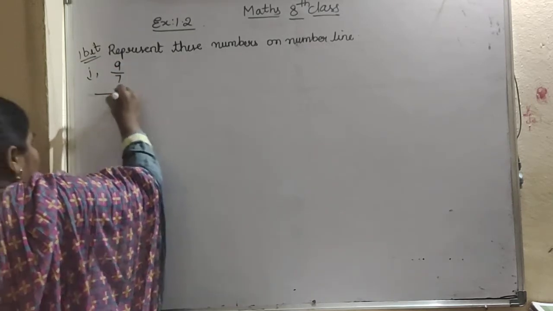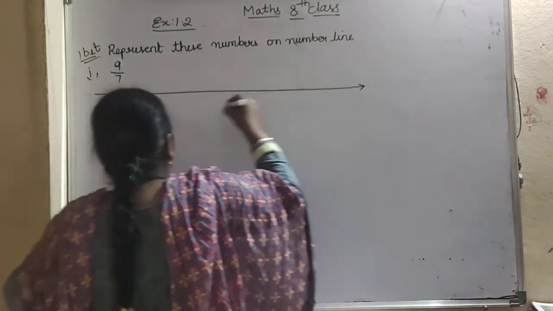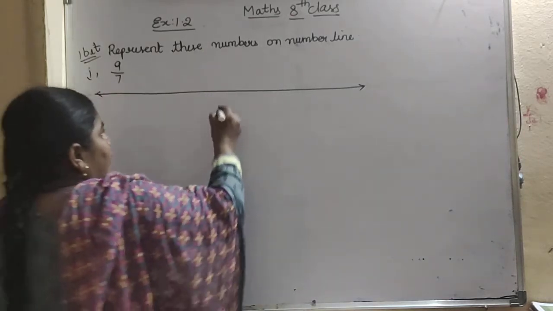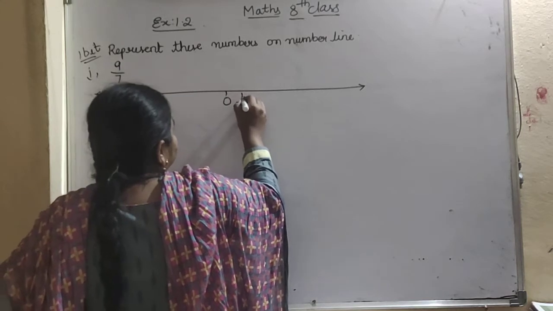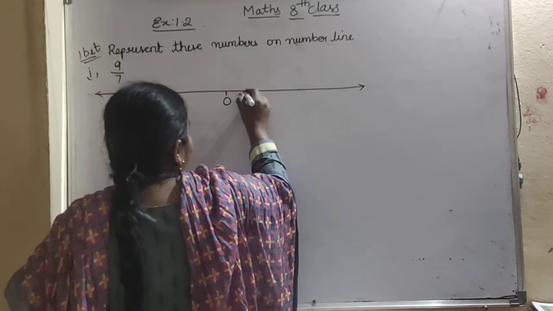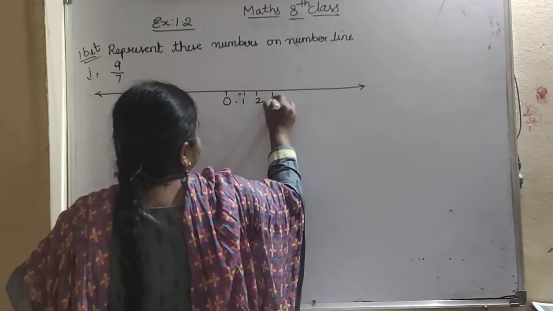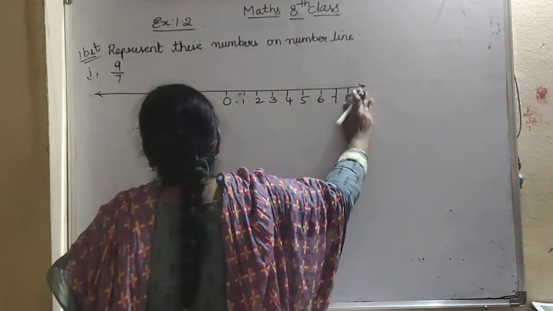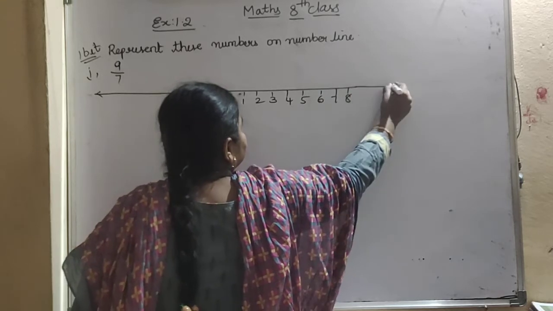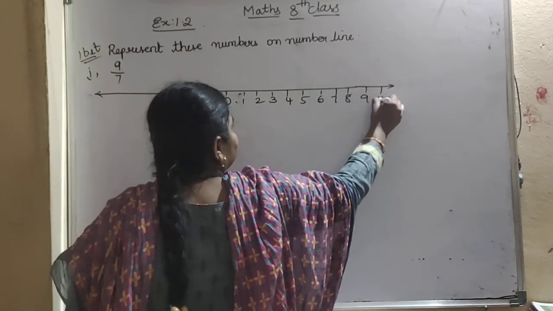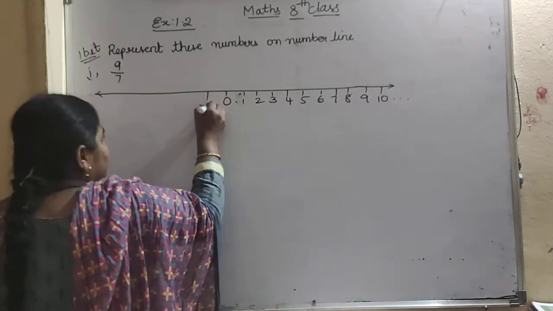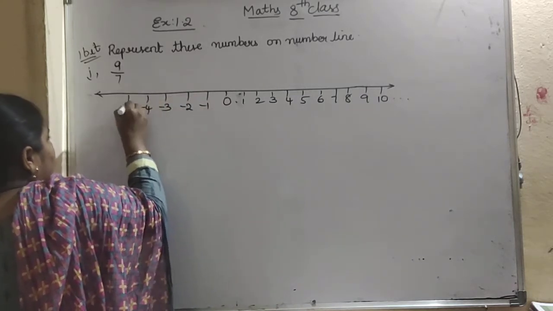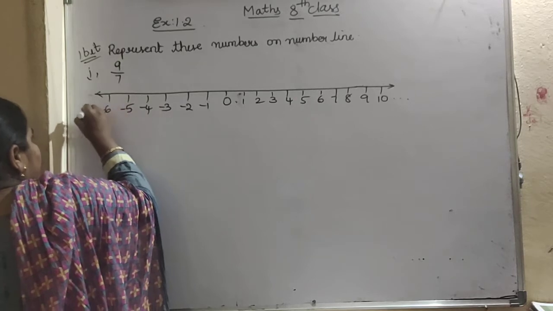So already I told you that for rational numbers you will be seeing positive numbers, negative numbers along with 0. So we are going to take here integers number line, and so on. Here -1, -2, -3, -4, -5, -6 and so on.